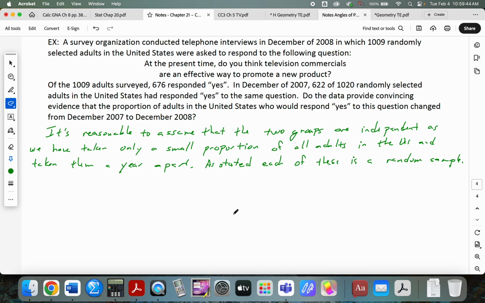All right, now we need independence within each sample. What rule do we use for that? It's less than 10% of the total population.